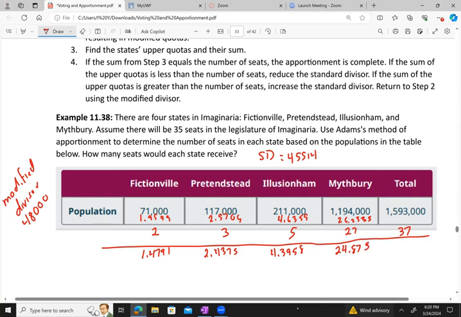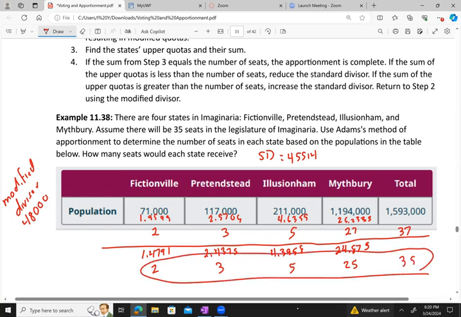Rounding up again, I get 2, 3, 5, 25. And that gives me 35. So this is correct.